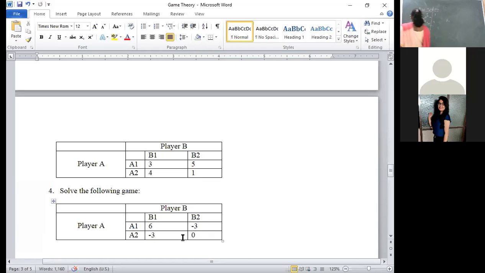Let's listen carefully. To calculate P, that means strategies for player A. P is the strategy for player A, and Q is the strategy for player B, the optimal strategies for player A as well as player B. Then the formula is A22 minus A21 in the numerator, upon the value of the game as calculated earlier, like AD minus BC.